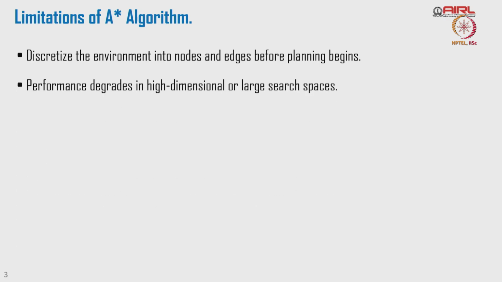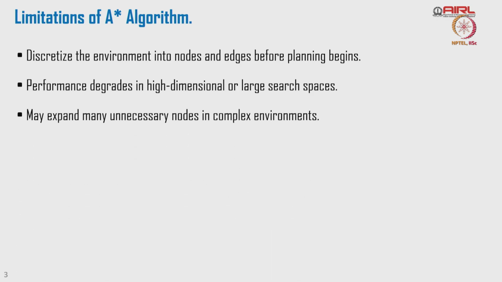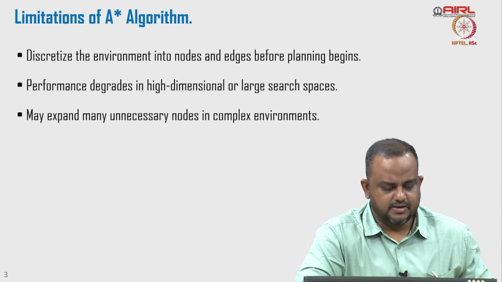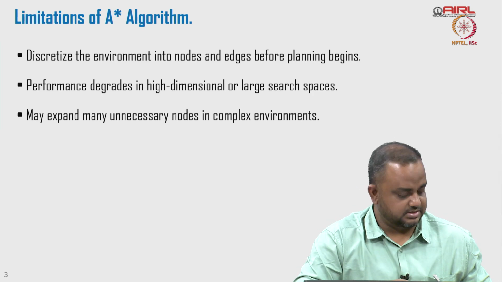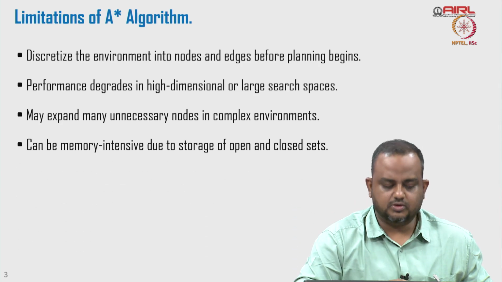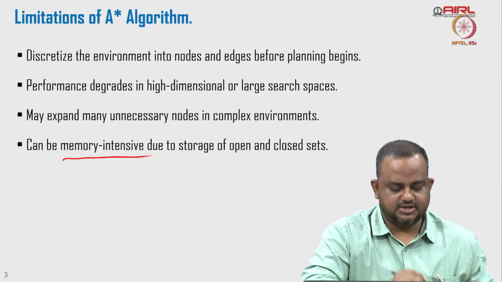So, the performance degrades in high dimensional or large search spaces because of this. Since before the planning begins we have to discretize the environment, the memory expenditure gets high, and it may expand many unnecessary nodes in complex environments. So, it becomes memory intensive as well.